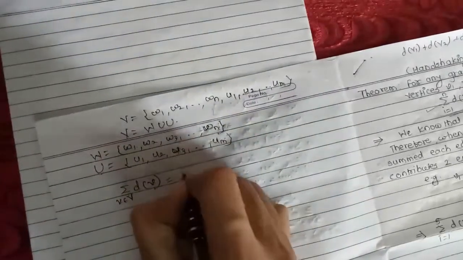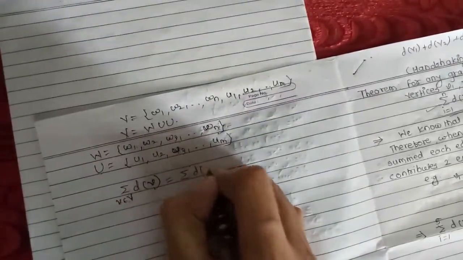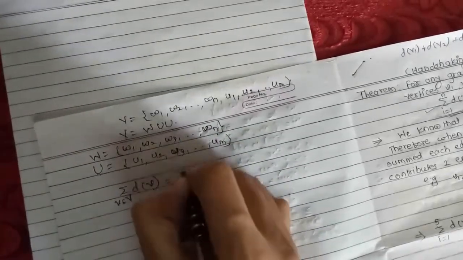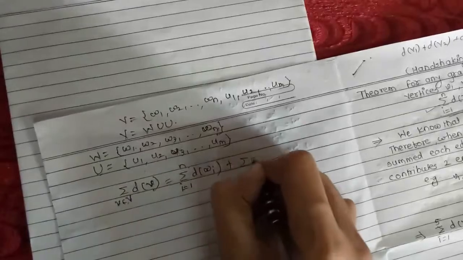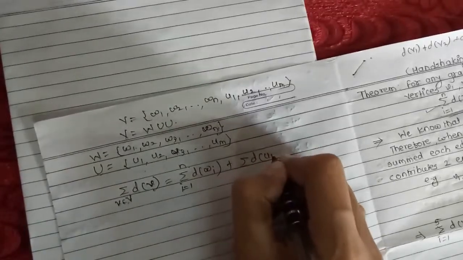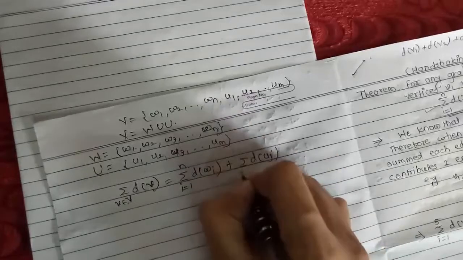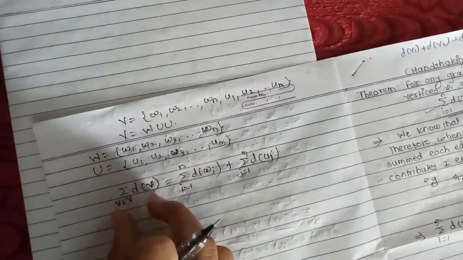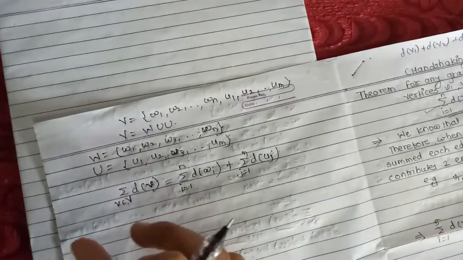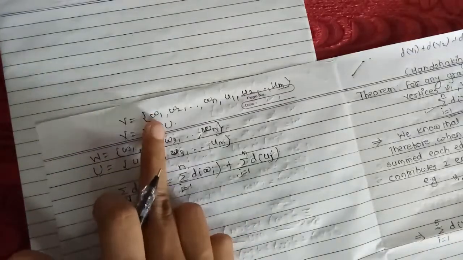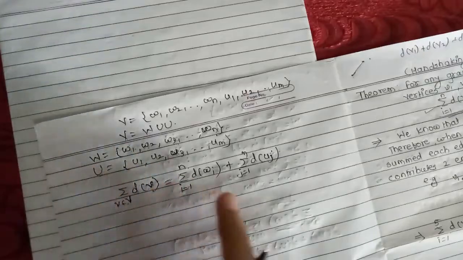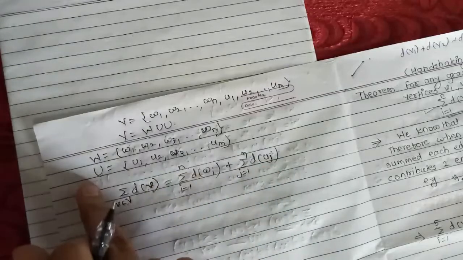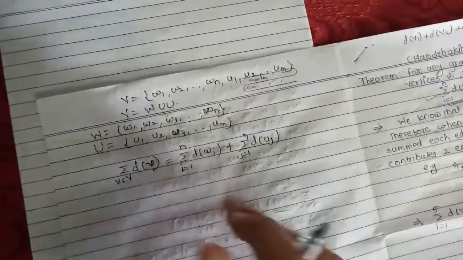We can write this as summation of degree of Wi, with i running from 1 to n, plus summation of degree of Uj, with j running from 1 to m, right. So the summation of degrees of vertices of graph G is equal to the summation of degrees of vertices in set W plus the summation of degrees of vertices in set U, right.